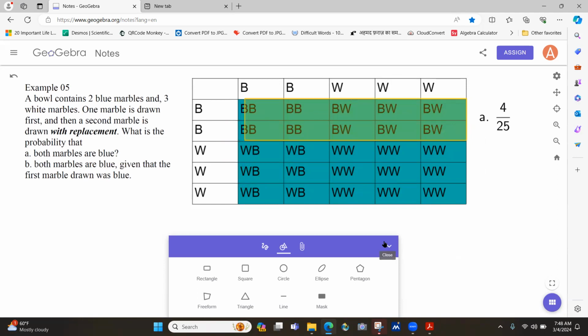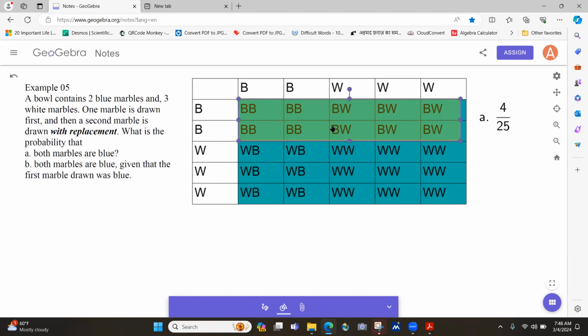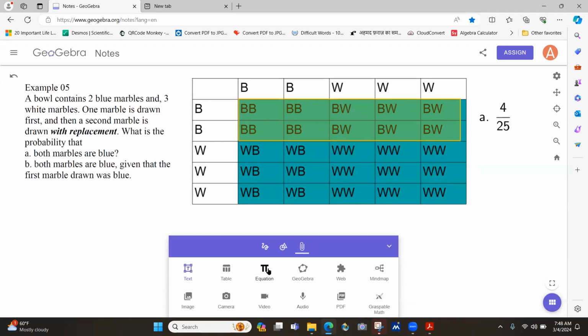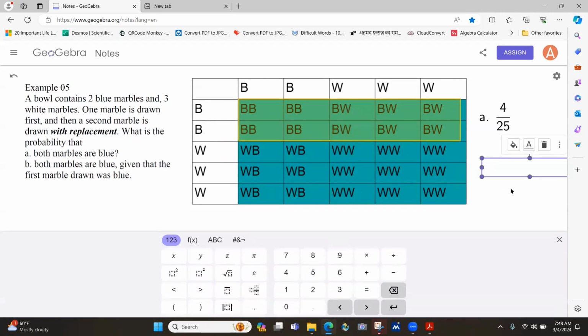What do they want? Both marbles are blue. Given that the first marble is blue means the denominator has to be 10. If you count all the little boxes, you're going to get 10. Both marbles are blue, 4 out of 10, 2/5.